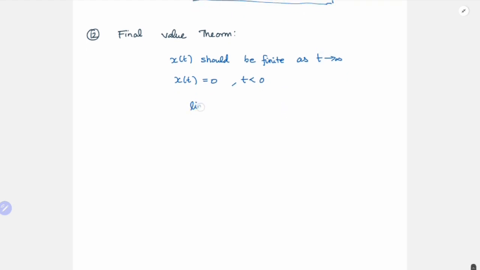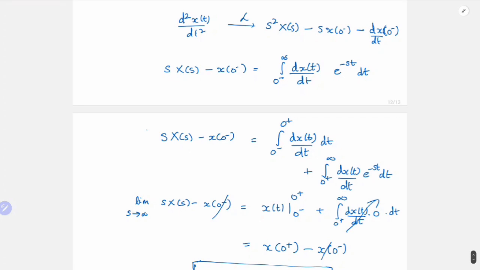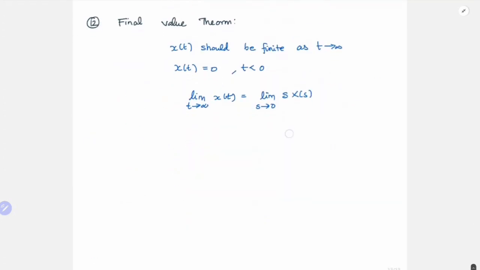So now the final value theorem: limit t tends to infinity x of t, this is x of infinity, is nothing but limit s tends to 0 of s X of s. Okay. So similarly, the derivation we can start from here only. Only the limit we are applying is 0.